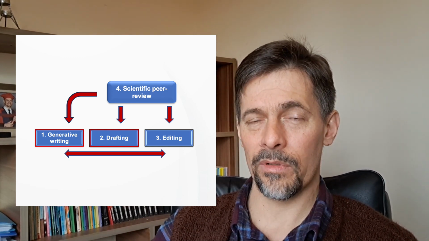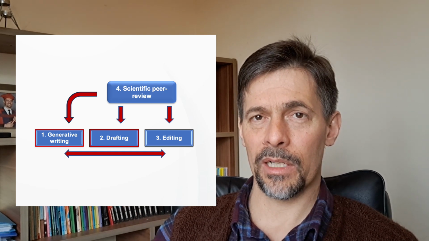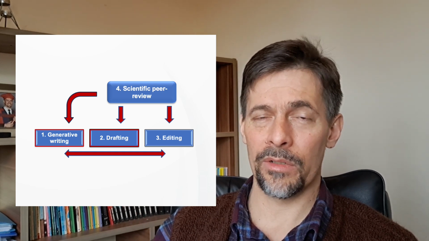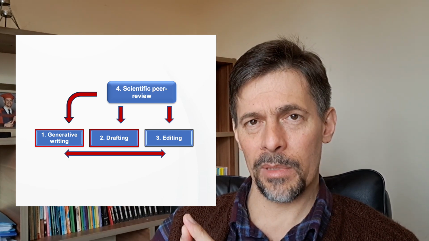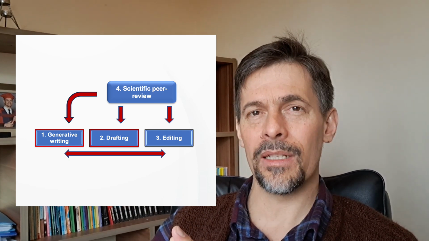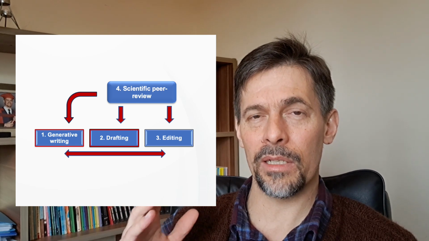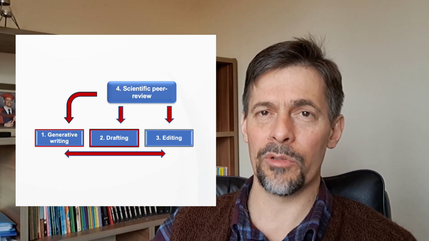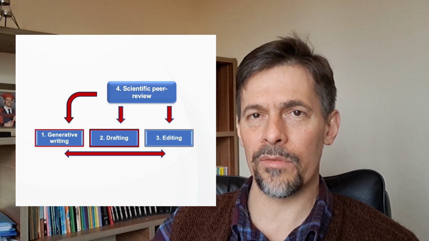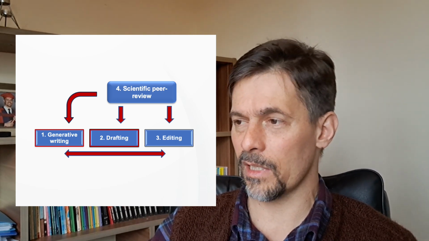It could be for a paper that you're writing, a journal that you're writing for, or it could be for your examiners. And then the fourth phase is about scientific peer review. That's the phase where people from the community that you're writing for, it could be the journal, it could be your examiners, start to give you feedback. It could also be your supervisor.